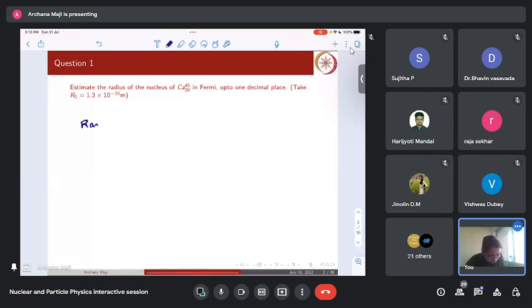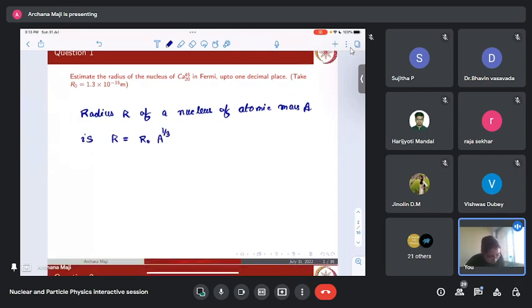So the radius R of a nucleus of atomic mass A is R naught A power 1/3.